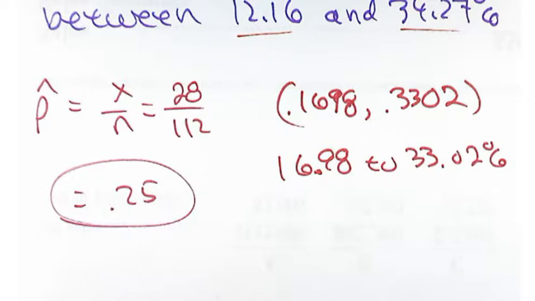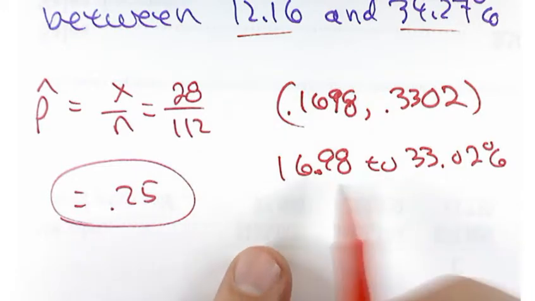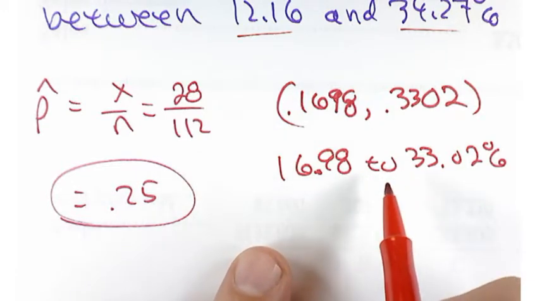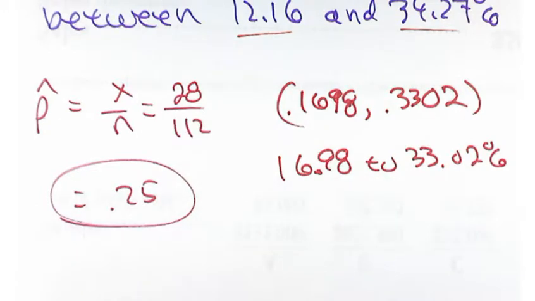Sometimes you want to reverse engineer this. Sometimes you're like, you know what? I want to be within 2% or 4% or whatever. Instead of here, I've got a margin of error of about 5%. Actually, no, 8%. I might want to control that and make that smaller. So let's see if we can do that. In fact, you can.